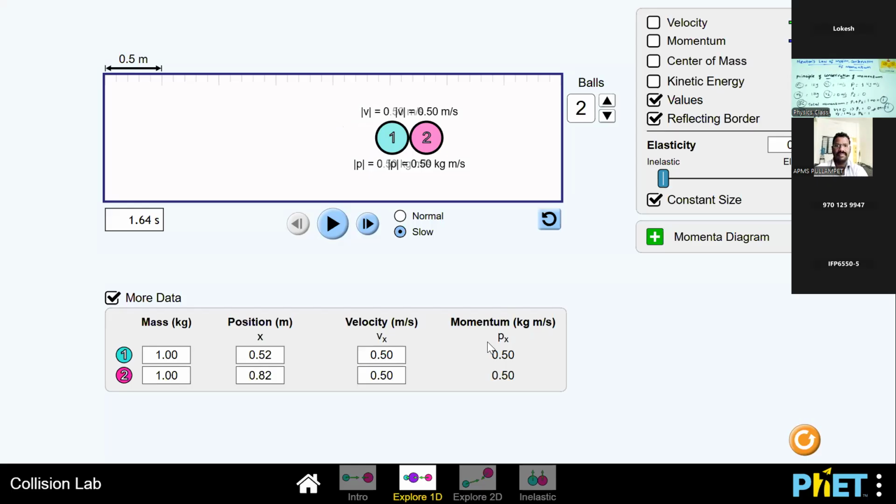Then momentum 2 into 0.50, which gives 1. Total momentum. You can see first object momentum 0.50 and second object 0.50, add up, which gives total momentum after the collision of 1 kilogram meter per second. Same as the previous case, before collision. So here also momentum is conserved. Clear?